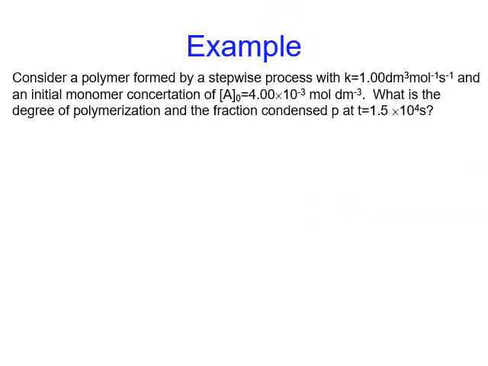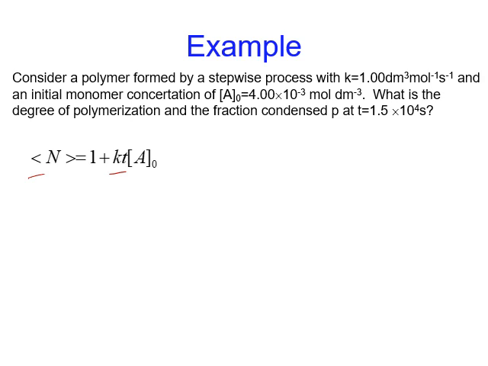Example: consider a polymer formed by a stepwise process with a rate constant given and an initial monomer concentration given. What is the degree of polymerization and the fraction condensed P at time 1.5 times 10 to the 4th power seconds? Okay, last slide we had an equation that relates degree of polymerization with time linearly.